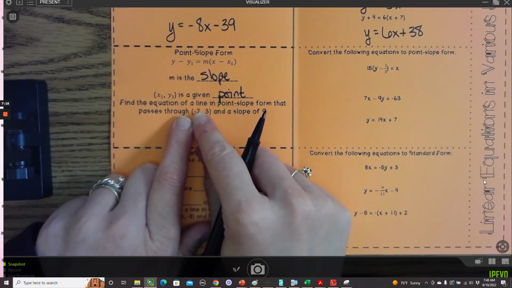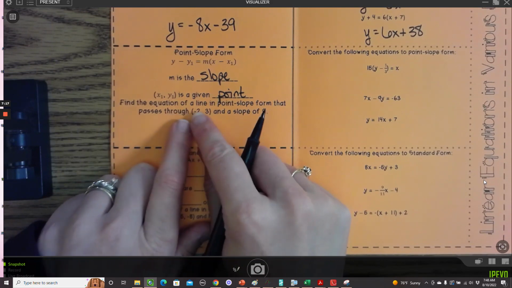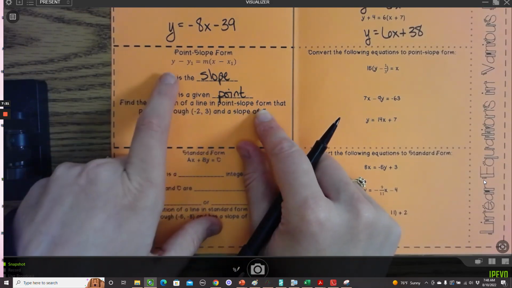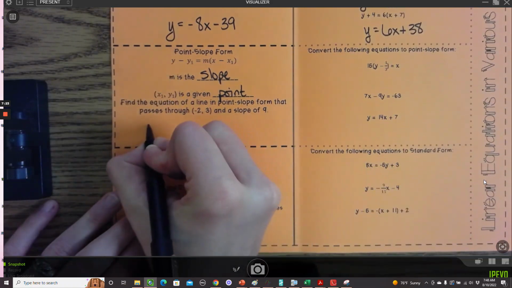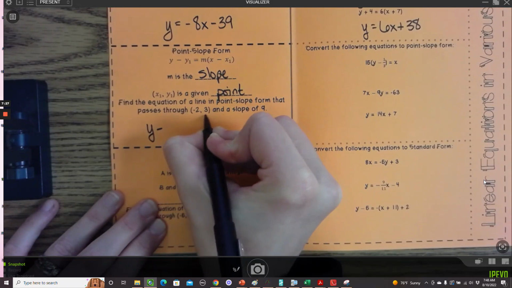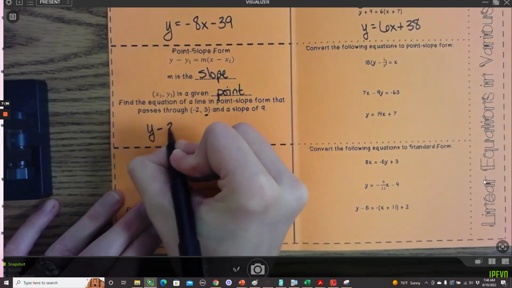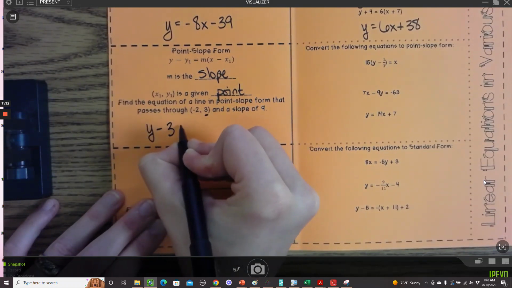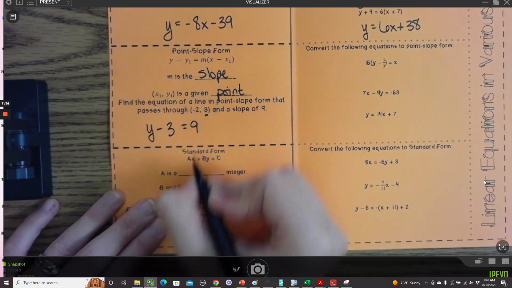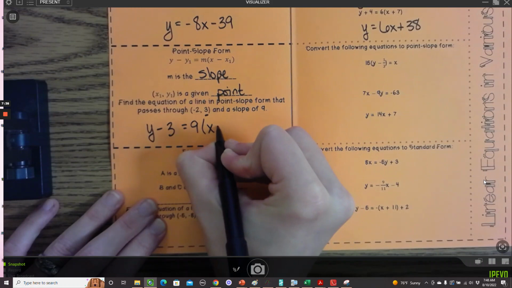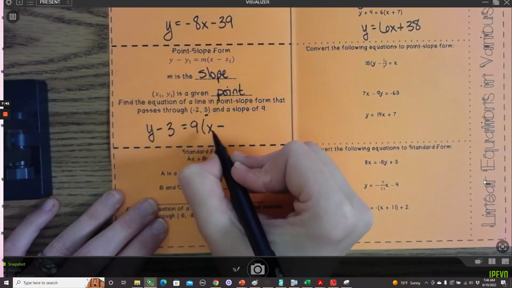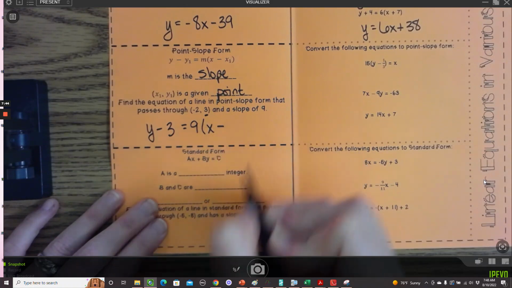Find the equation of a line in point slope form that passes through negative 2, 3 and a slope of 9. So we keep the y minus y1, that's the y value, which is 3, equals, slope is 9, x minus, now, x1 is a negative 2, so we could write x minus a negative 2.